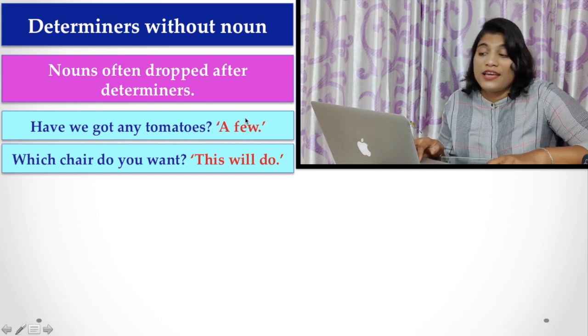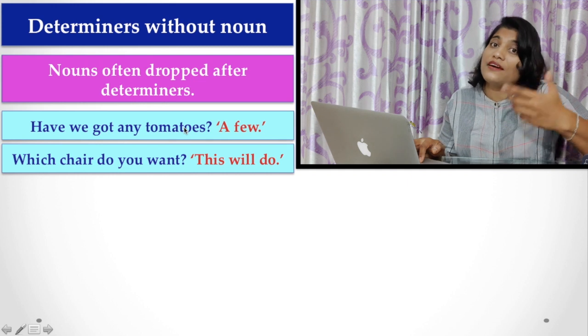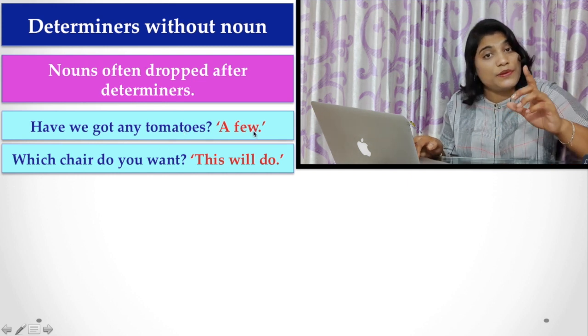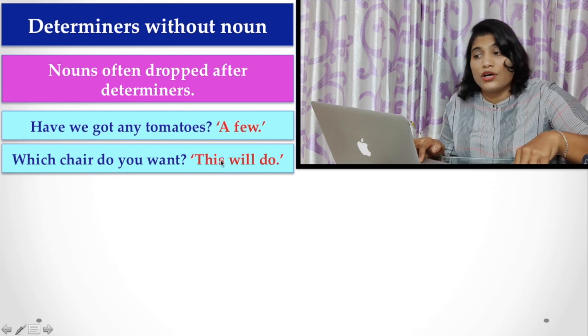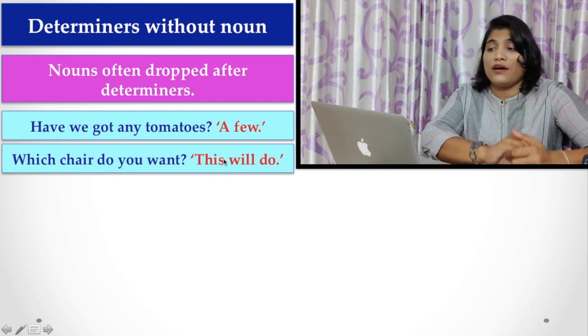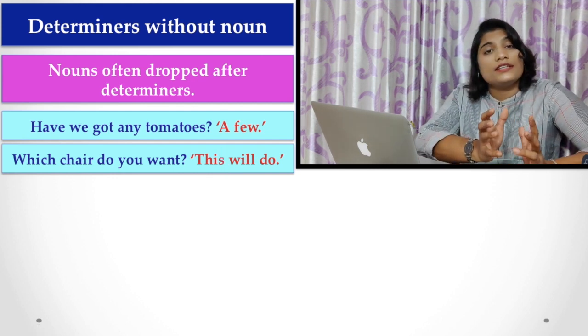A few. Here no noun is used with the determiner a few, because a few means a few tomatoes, but here the noun is dropped. Which chair do you want? This will do. Here also, we can drop the noun after the determiner.